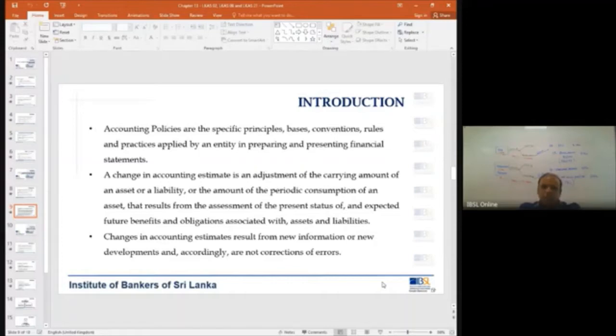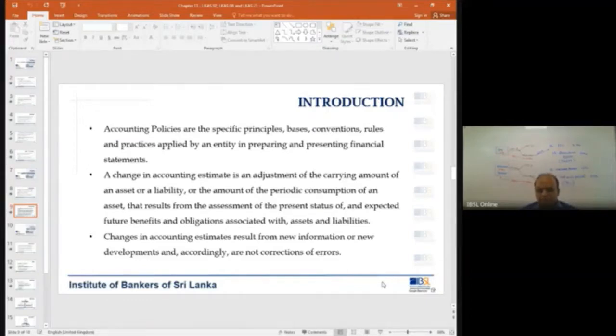Now later on, I decide, no, I see now this asset cannot be depreciated for 5 years. I need to change it to 3 years. Now that is a change in accounting estimate. So where is it covered? It is covered under LKS 8.